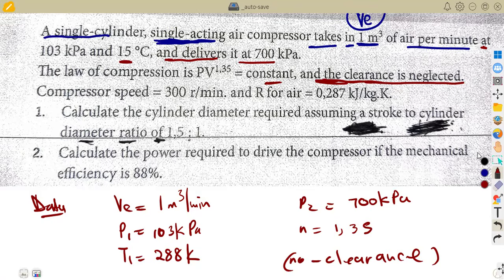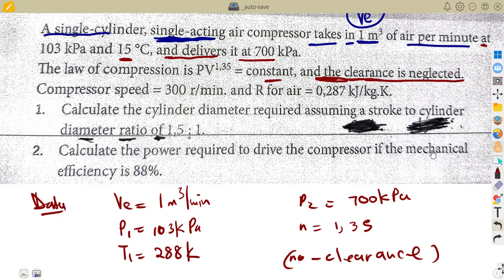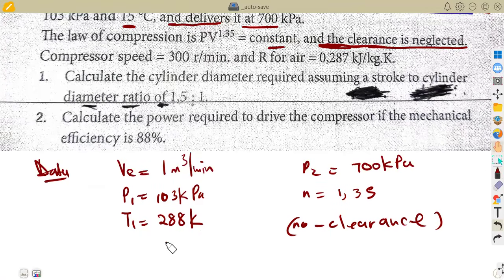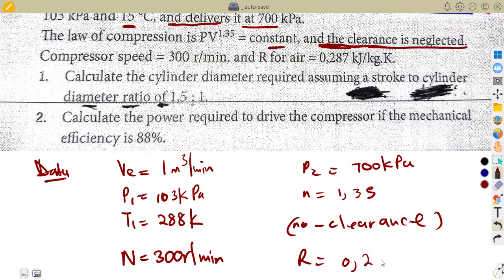The compressor speed is 300 revolutions per minute, as we are given there, R for air being 0.287 kilojoules per kilogram Kelvin. So that's what we have there.